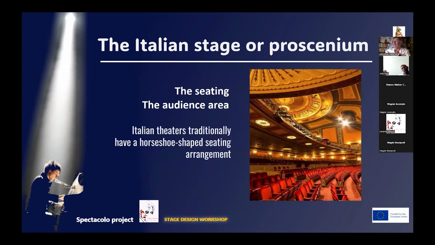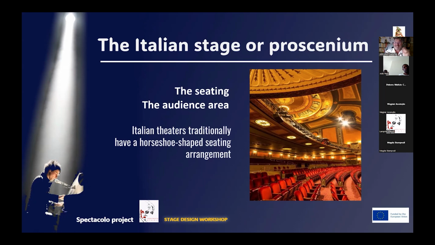So the seating area and the audience area, in old theaters, is an integral component of the theater's design and plays a significant role in shaping the overall theatrical experience.